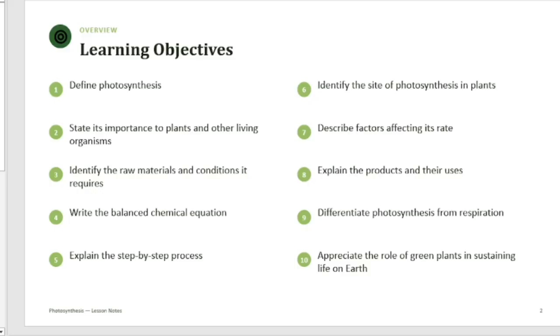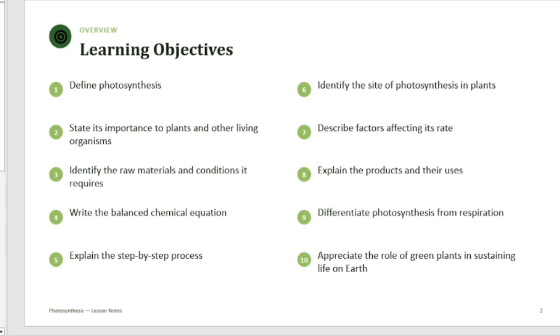So at the end of this lesson, the learners should be able to define photosynthesis, state the importance of photosynthesis to plants and other living organisms, and identify the raw materials and the conditions. They should be able to write the balanced chemical equation, explain the step-by-step process of photosynthesis, and identify the site where it takes place.